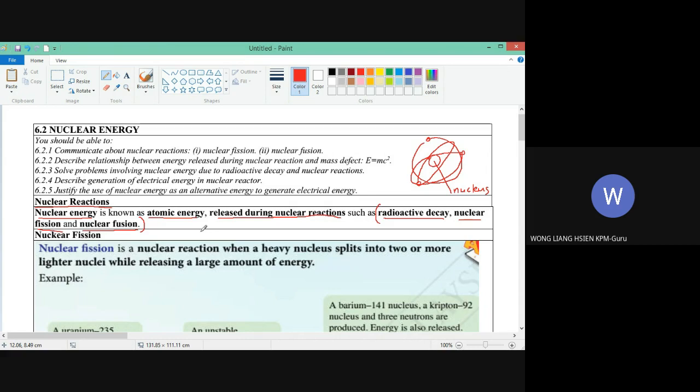Why is it that the atomic energy or the nuclear energy can be released during radioactive decay? If you still remember, for example, alpha decay. What happened in alpha decay? Two protons, two neutrons are released out as the alpha particle.